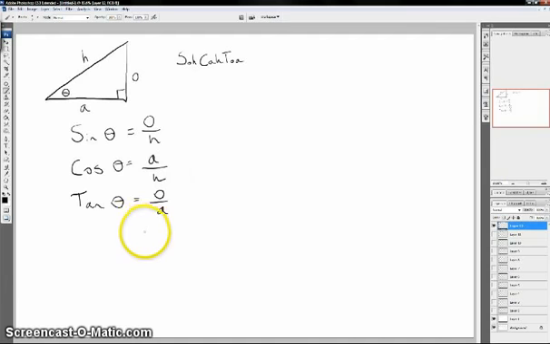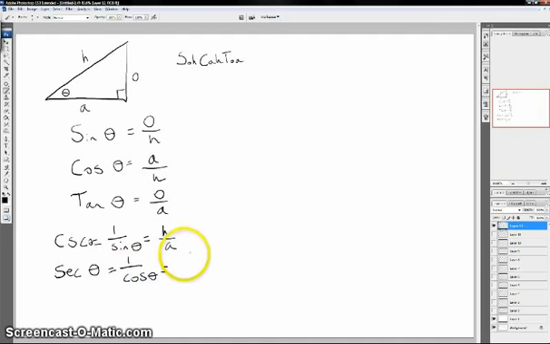A couple trig functions that you might not be aware of is the cosecant, which is equal to 1 over sine theta, and the secant of theta is equal to 1 over the cosine of theta. Sorry, the cosecant should be hypotenuse over opposite.